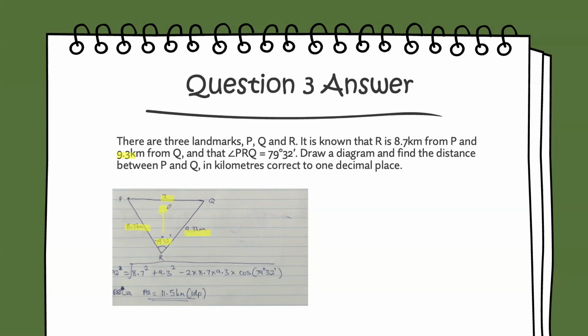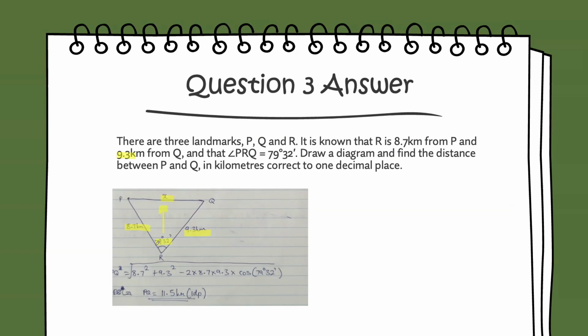Okay? So that's going to be our, remember there's 2 formulas, the length formula for the cosine rule and the angle formula for the cosine rule. So in this one we're finding a length, so we're going to be using the length formula. So PQ squared or x squared is going to be equal to 8.7 squared plus 9.3 squared minus 2 times 8.7 times 9.3 times cos of this.